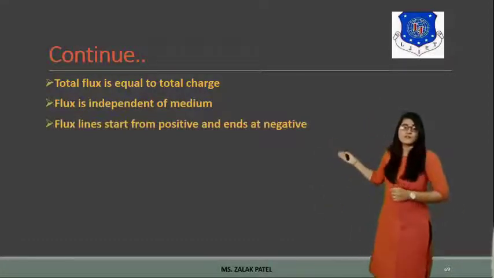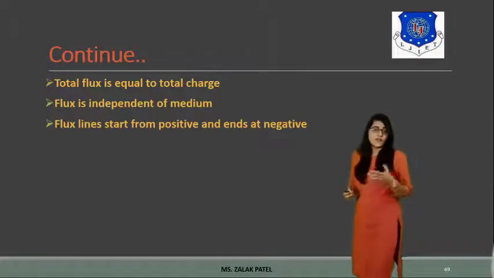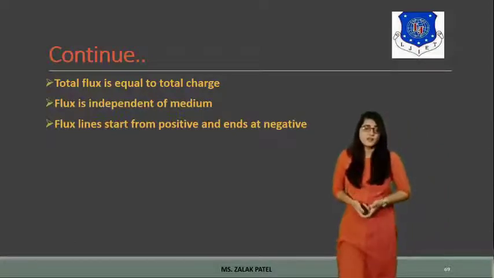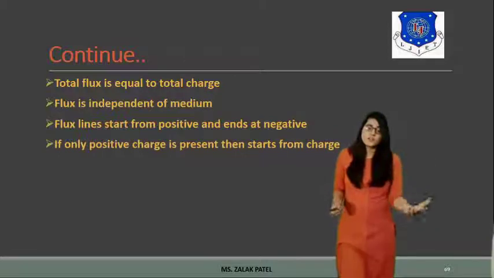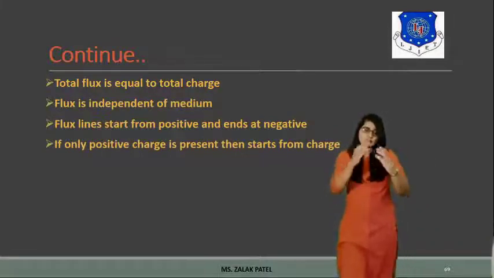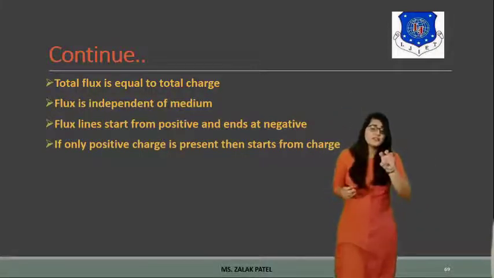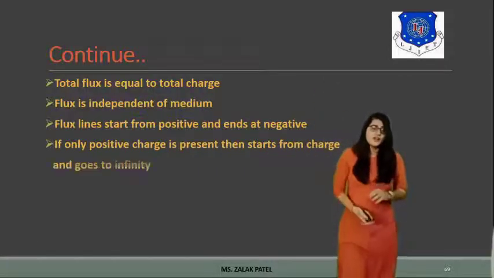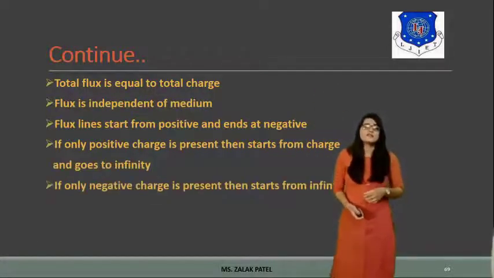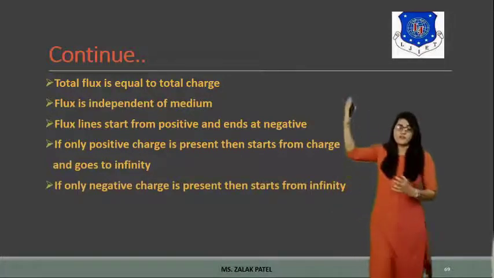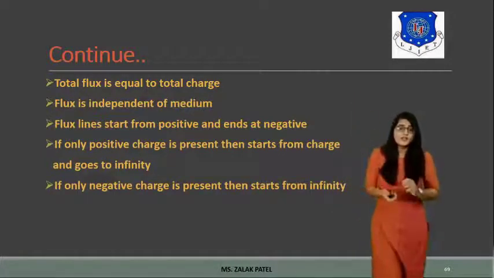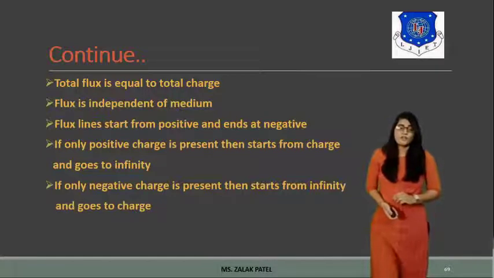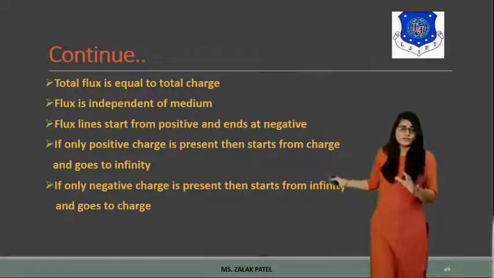Flux lines start from the positive and end at the negative, as we discussed in the past figures. If only a positive charge is present, flux starts from it and goes towards infinity. If only a negative charge is present, it starts from infinity and ends at the negative charge. So these are some characteristics of the electric flux lines.